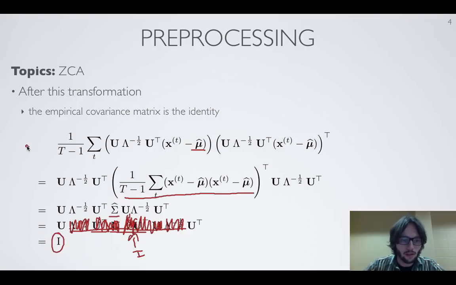So we've shown that if we take the empirical covariance matrix of the transformed data with ZCA preprocessing, this covariance matrix is the identity. The empirical variance of all the elements in the transformed vectors in our training set is 1, and the covariance between each pair of different elements in these transformed vectors is also 0.